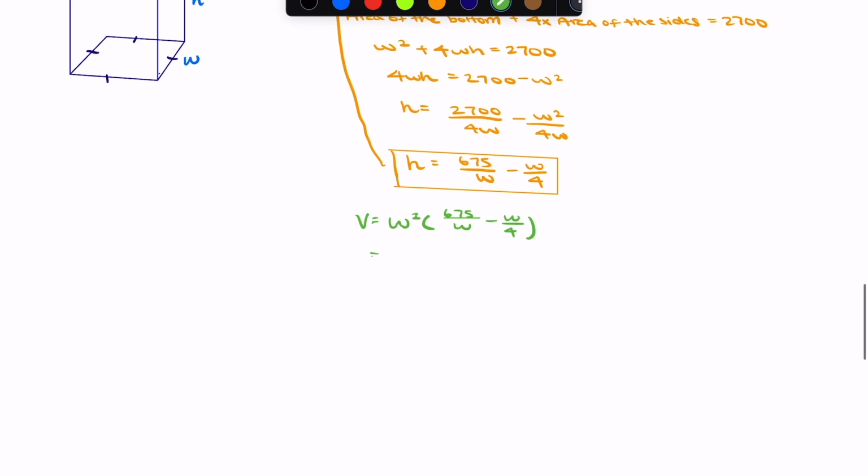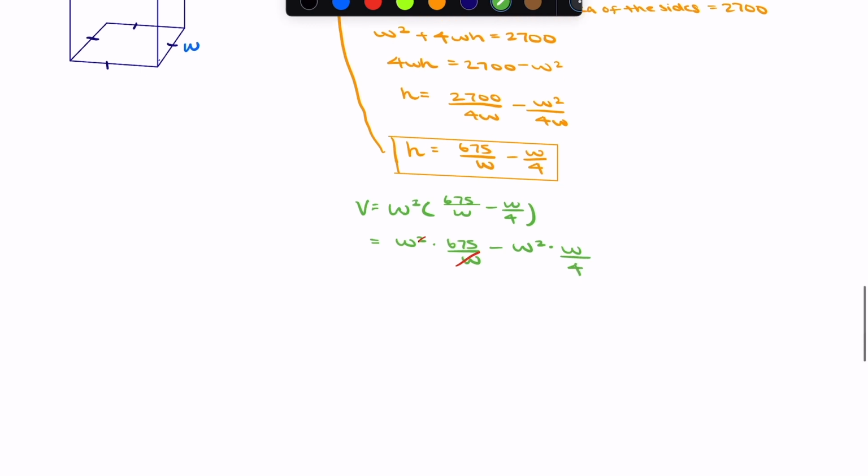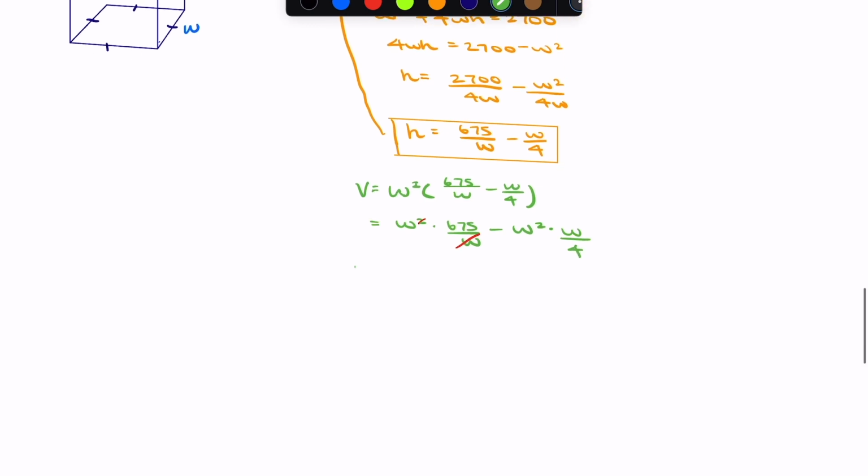So here, if we multiply it, we get W squared times 675 over W. That can simplify here, and then minus W squared times W over 4. And here, what we'll be left with is volume is equal to 675W minus W cubed over 4.